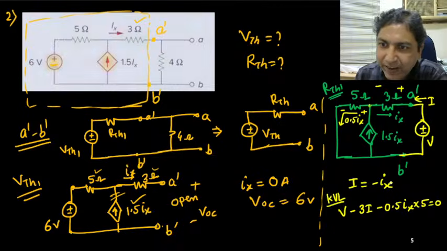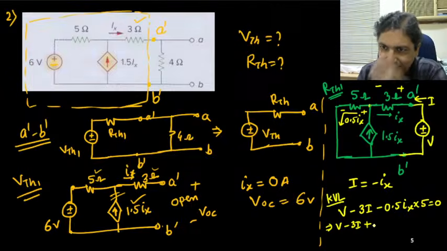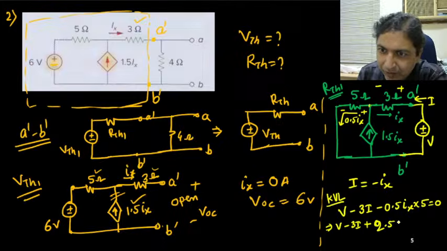Okay, so if I replace Ix by minus I, then what is happening? V minus 3I, and this is 2.5, a plus. Ix I am replacing by minus I, plus 2.5 I, that equals 0.